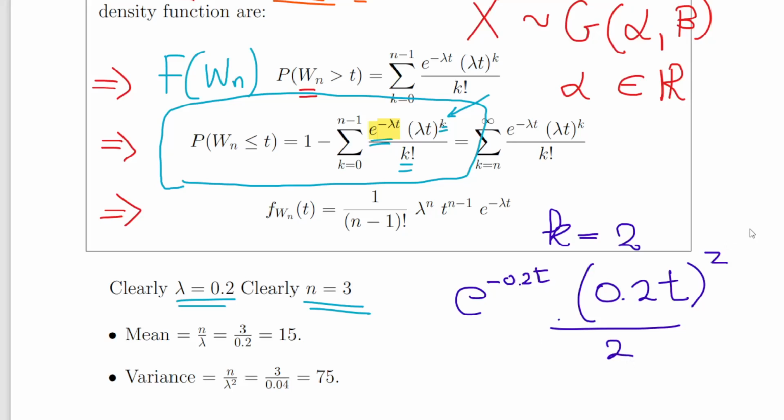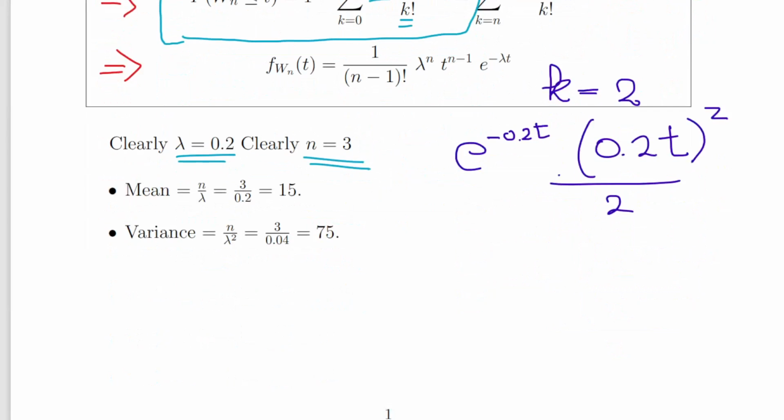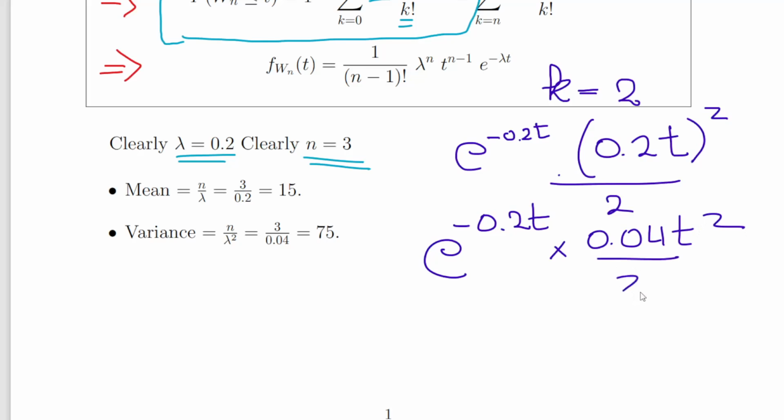That works out to e to the minus 0.2t times 0.04 t squared divided by 2, which is 0.02 t squared.